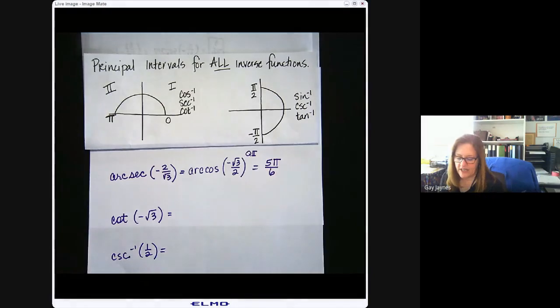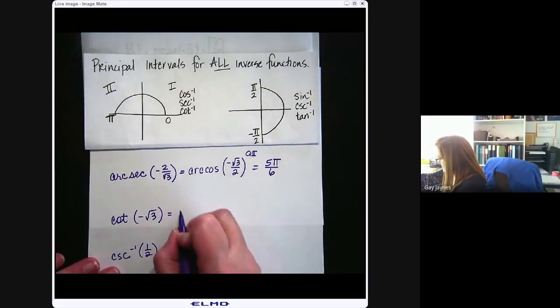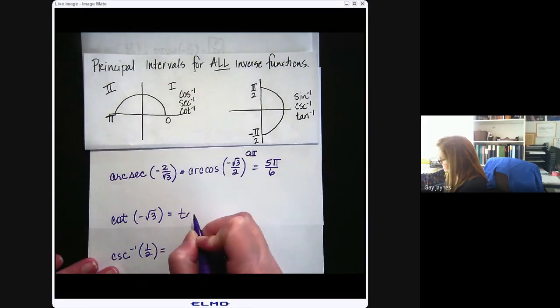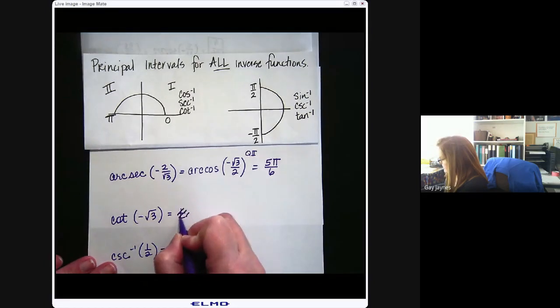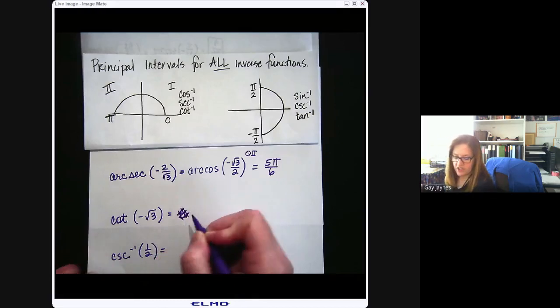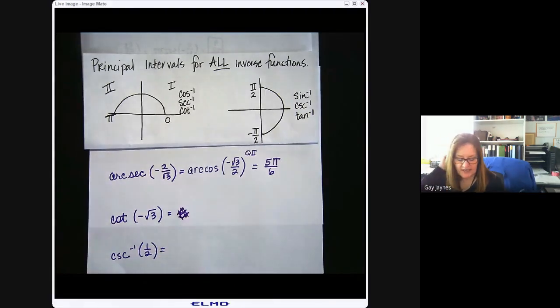Then we have cotangent negative root 3. We can change that to, actually, you really shouldn't change that. You really should realize that if it's negative, I would only change the secant and the cosecants. I'm going to leave the cotangent as cotangent.